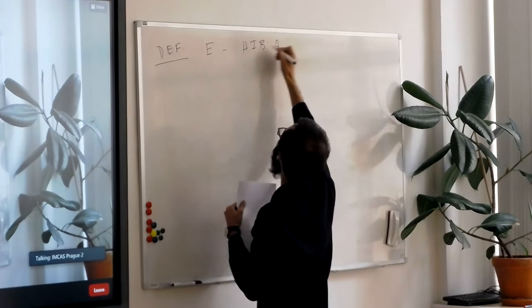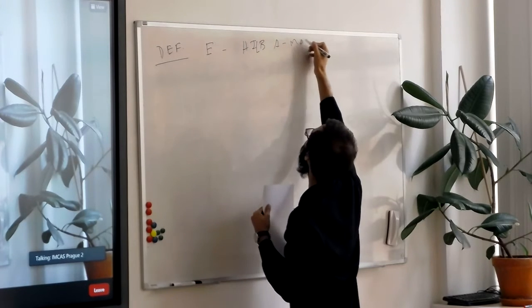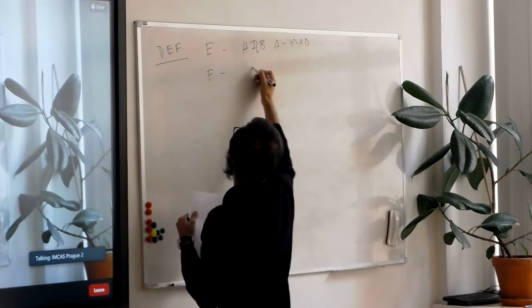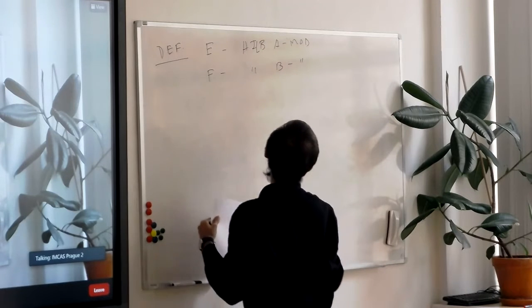E is a Hilbert A module, F is a Hilbert B module.